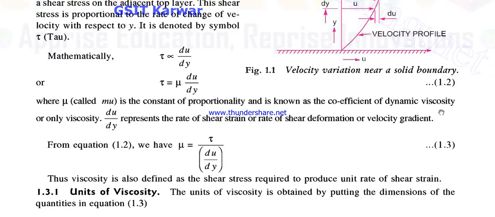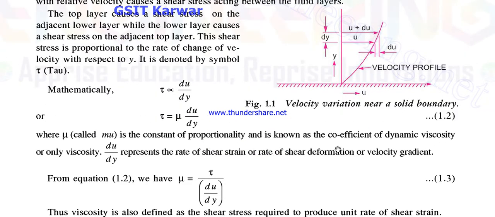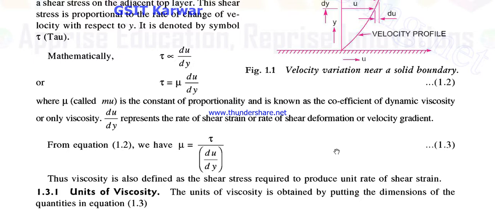Okay, it will help you easy understanding. Where mu is the constant of proportionality and is known as the coefficient of dynamic viscosity or only viscosity. Okay, du by dy represents the rate of shear strain or rate of shear deformation or velocity gradient.